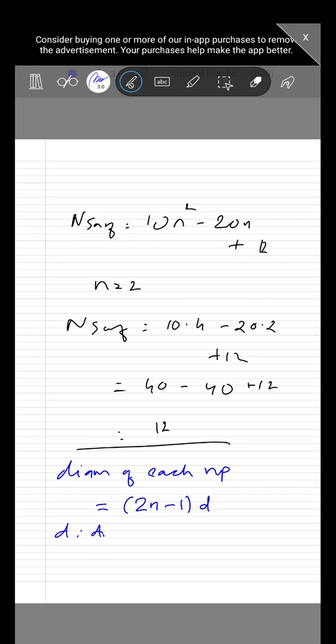The distance between nearest atoms is usually equal to a by root 2. That is very typical of an FCC lattice, where a is the lattice constant.